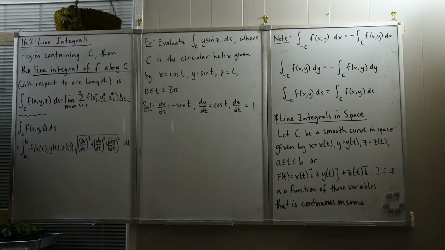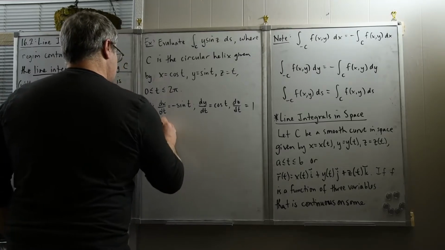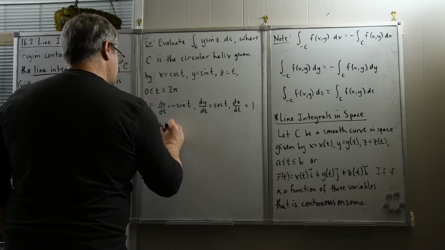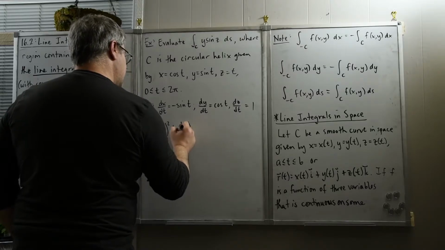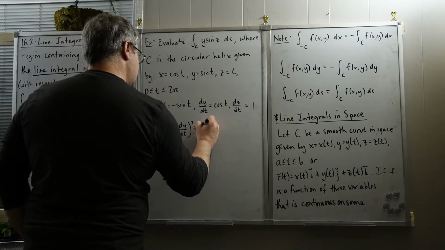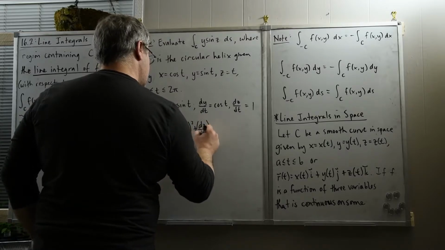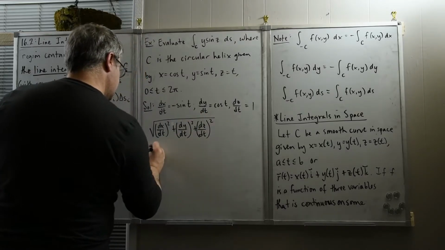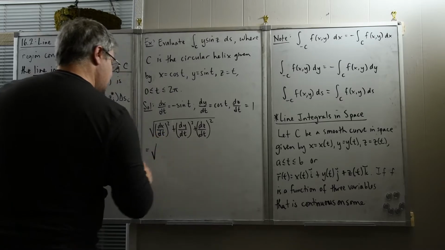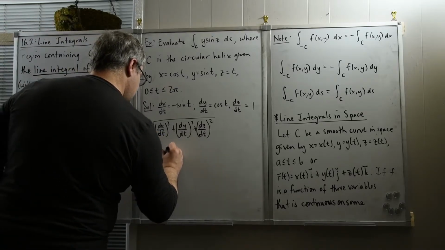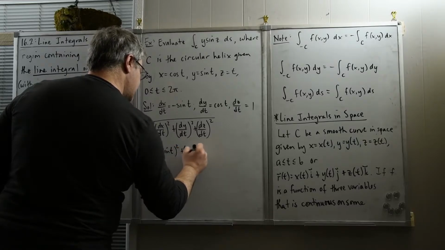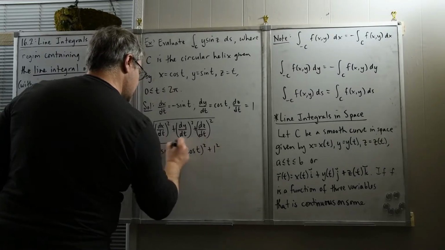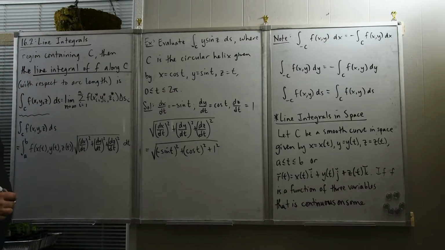And in fact, I think what I'd like to do is just go ahead and figure out what this part is. So we'll have the square root of the sum of the squares of these derivatives, which is equal to the square root of the square of negative sine t plus the square of cosine t plus 1 squared.